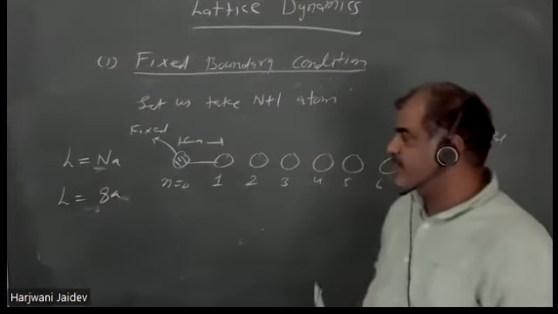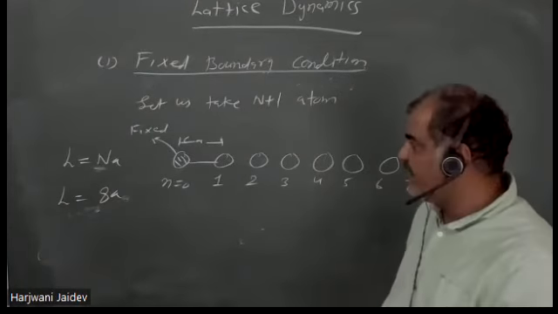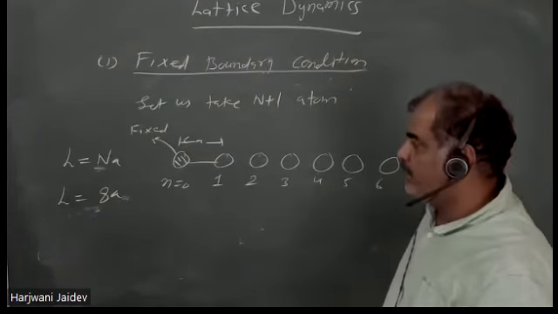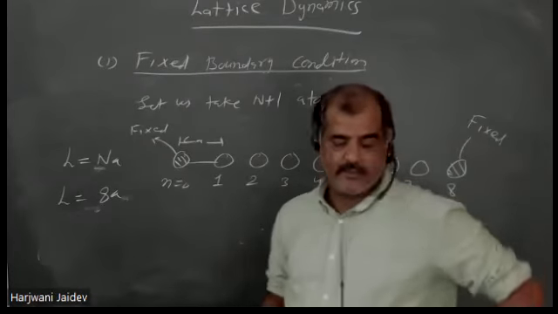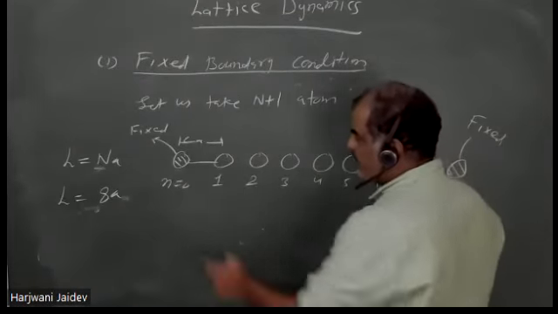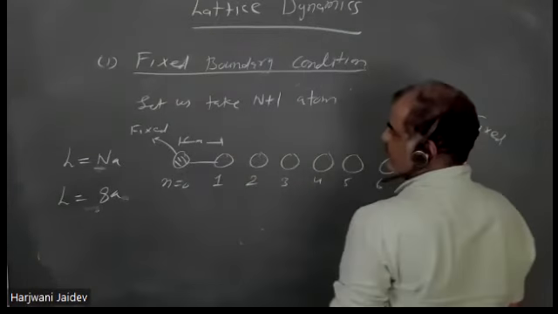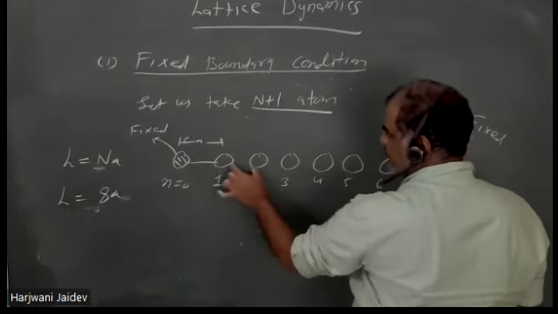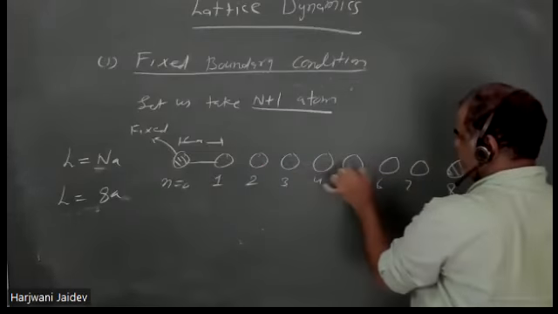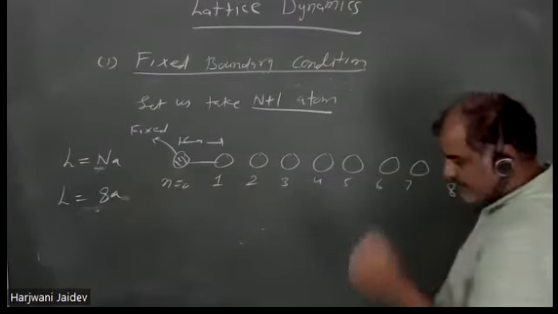If there are n plus 1 atoms, you can count: a, 2a, 3a, 4a, 5a, 6a, 7a, 8a. So the length is 8a.